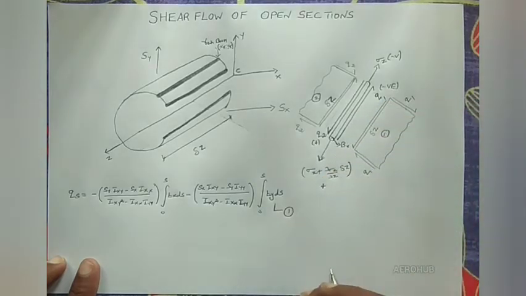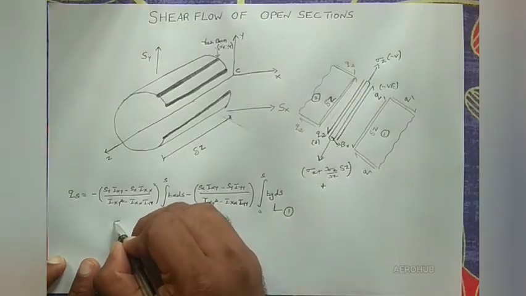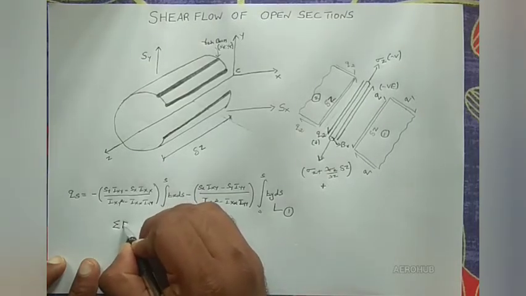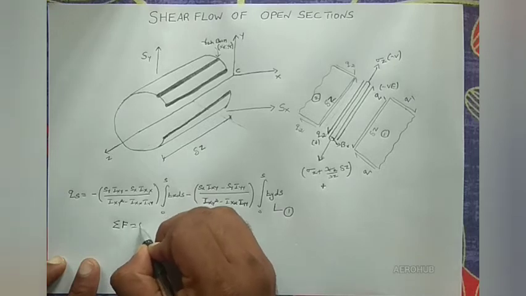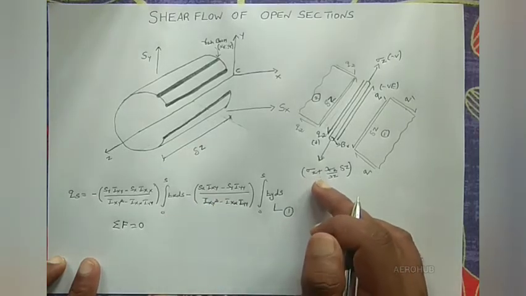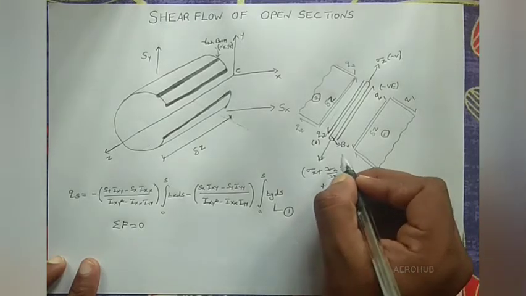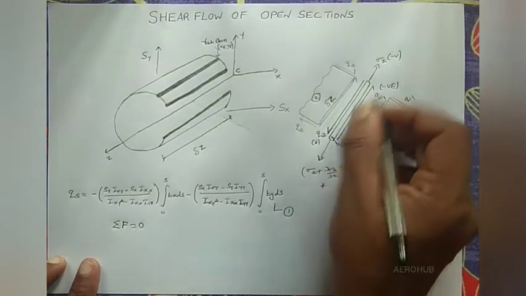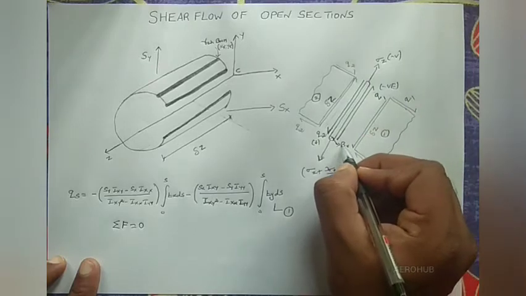Now we go for the force equilibrium, that is, the summation of forces should be equal to 0. We have to understand that the direct stress multiplied by the boom area gives the force. The boom area of this rth boom is Br.